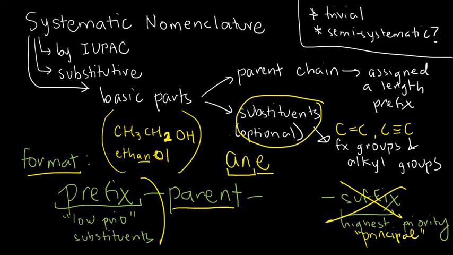And notice that AN stays. If AN was really part of the suffix, the name would have been ethol, but the AN stays. That's why I want to include the bond type, whether AN for single, EN for double, or YN for triple here, because this is technically not something that we remove all of the time.